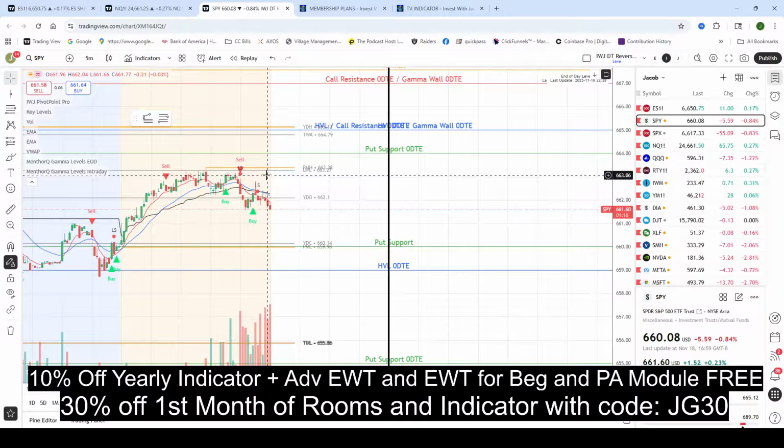You miss things. You miss where you should have gotten trades. You miss where you should have gotten out of trades. And what we did is we set out to put together an indicator that combines everything that you would look at for these trading levels and then gives you a clean buy or sell off of those levels. And that's the major difference.